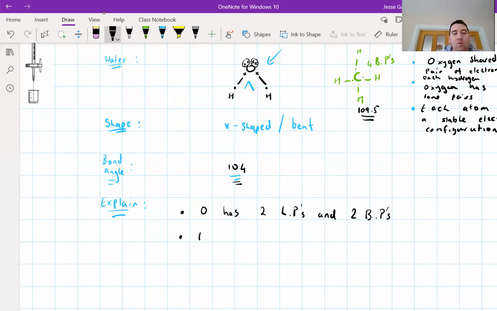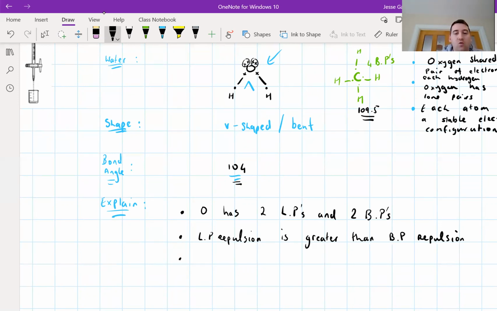Okay, so we say lone pair repulsion is greater than bond pair repulsion. This is something we learned about earlier. And what do we know about that then?